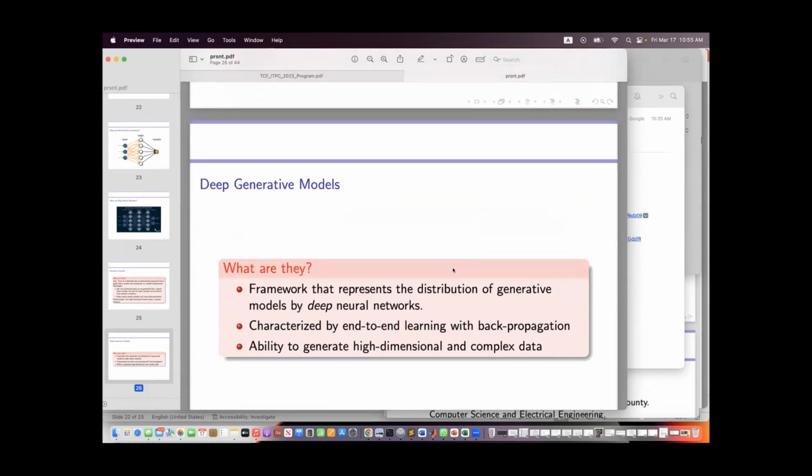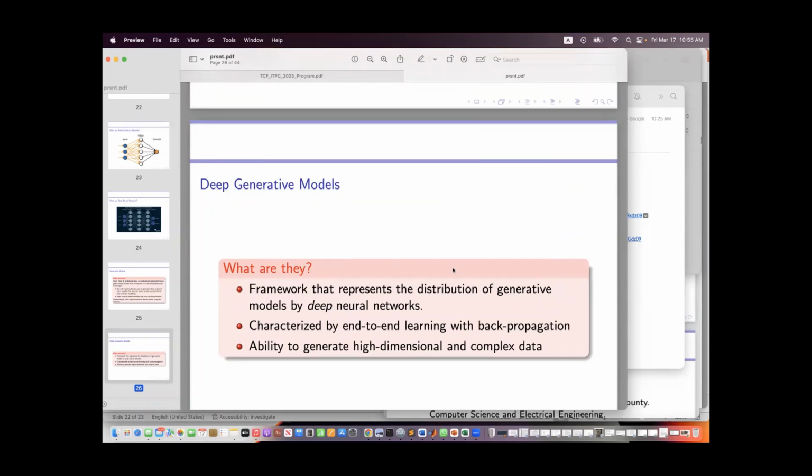So what we are talking about is deep generative models, which provide the framework to develop distributions of generative models using deep neural networks. This is an end-to-end learning system, so it does both forward learning as well as backward propagation.